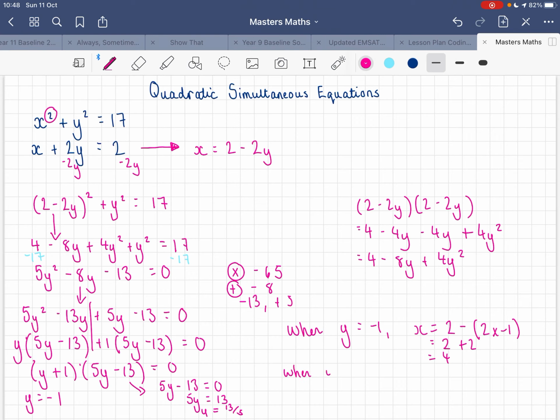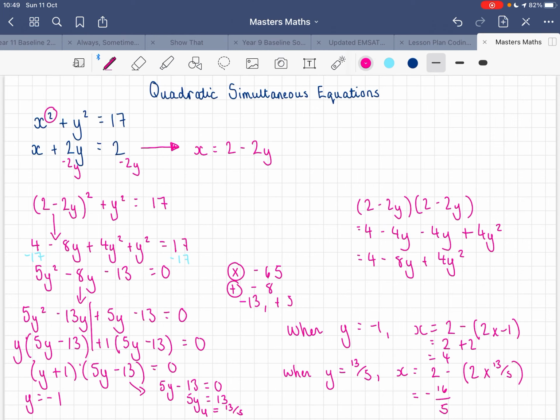When y equals 13 over 5, x equals 2 minus 2 lots of 13 over 5. I'm going to just do that on my calculator. So 2 times 13 over 5 is 26 over 5, and then I'm doing 2 minus that. So I get negative 16 over 5.